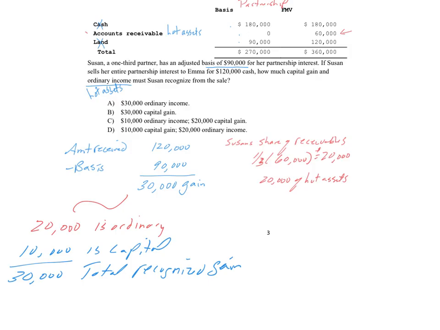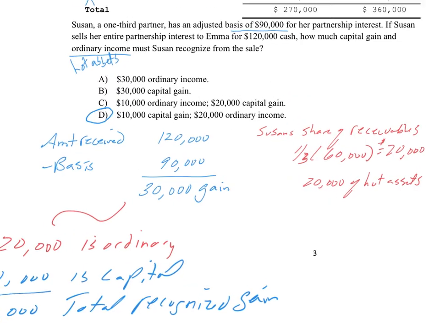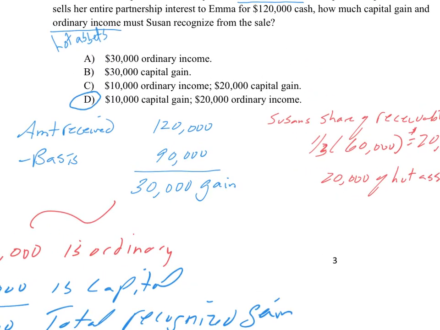That shows us the character of her gain. So the answer to this question is D, because she has $10,000 of capital gain and $20,000 of ordinary gain.